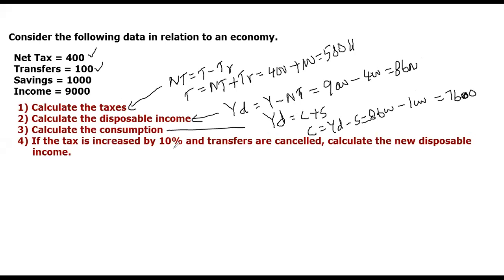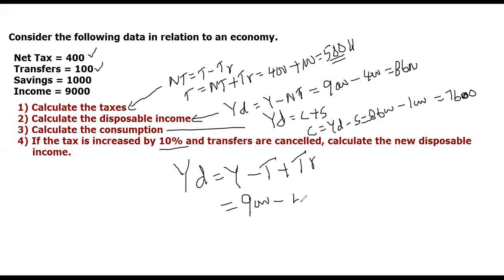If the tax is increased by 10% and transfers are cancelled, calculate the new disposable income. So YD is equal to Y minus T plus TR. Y is the same 9,000. What is T? Increased by 10%. Already how much is the tax? 500. 10% of 500 is 50.